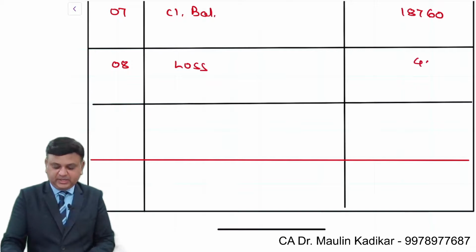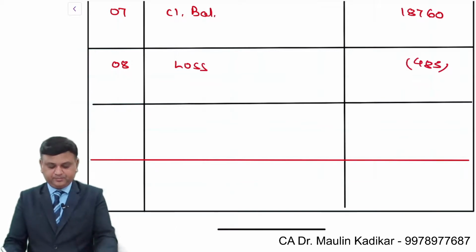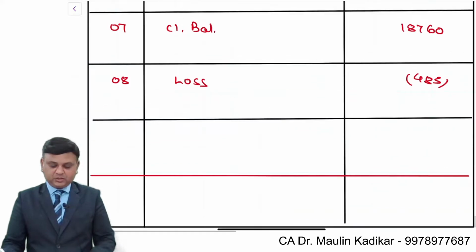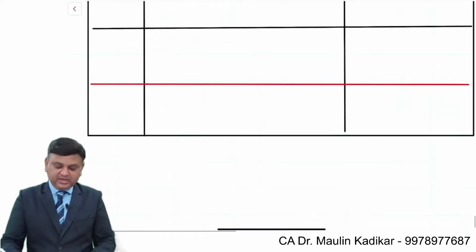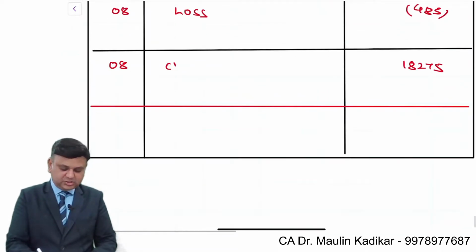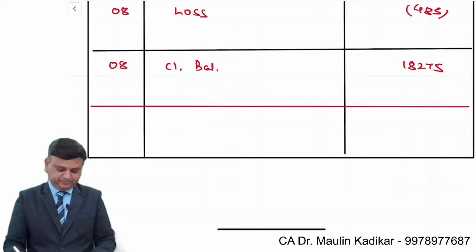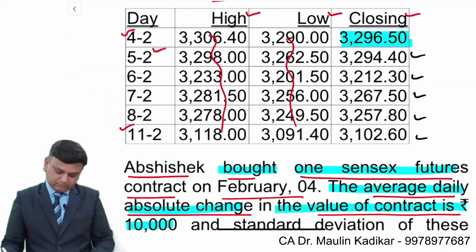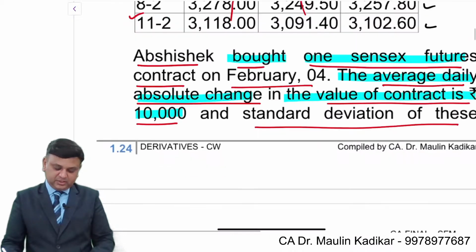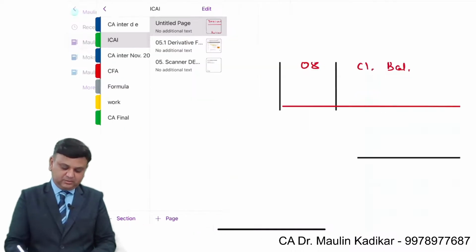It is 485. So what will happen? It is 18760 minus 485. So in that case it is 18275. So this is the closing balance of 8th. No information is provided for the withdrawal.